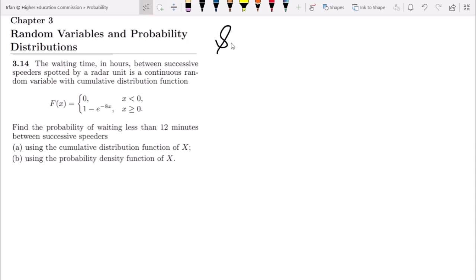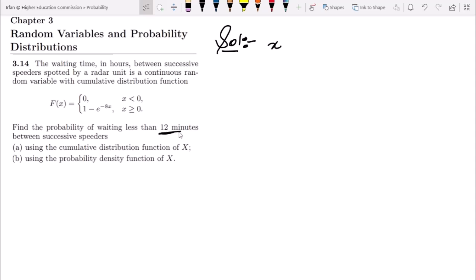So this is now the solution, and it has two parts. We have to find the probability of waiting less than 12 minutes by using the CDF and by using the PDF as well. First of all, the data has been given: here this is x, given as 12.